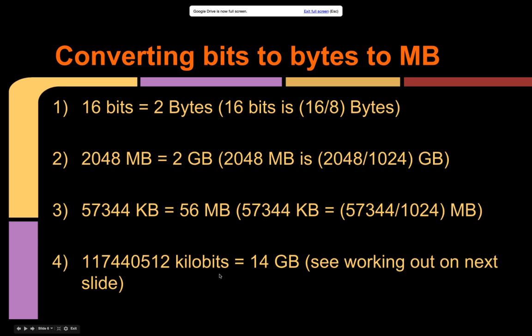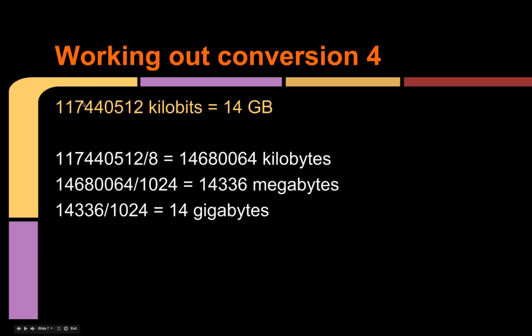So to see the working for this, we'll go over to the next slide. So we have this amount of kilobits equals 14 gigabytes, and to get there, the first thing we're going to do is change the bits to bytes. So you'll notice it said kilobits. We need to divide by 8 to change to bytes.